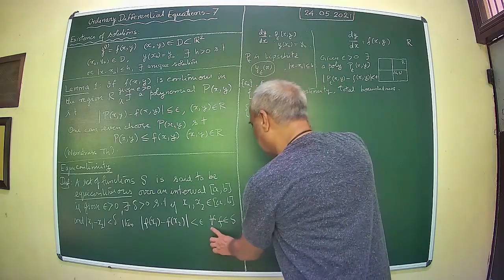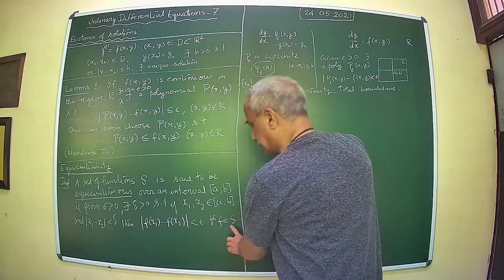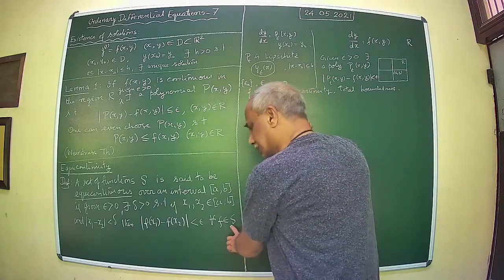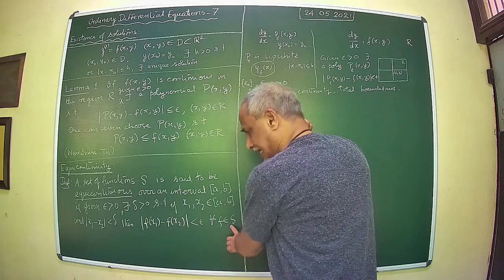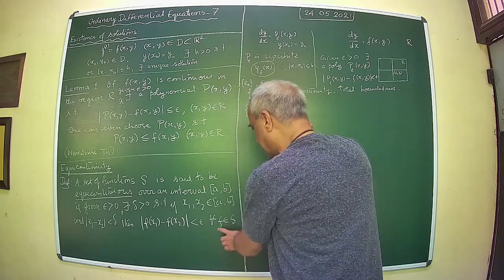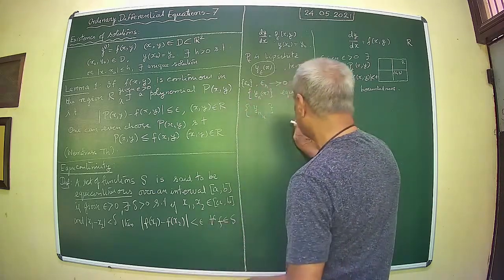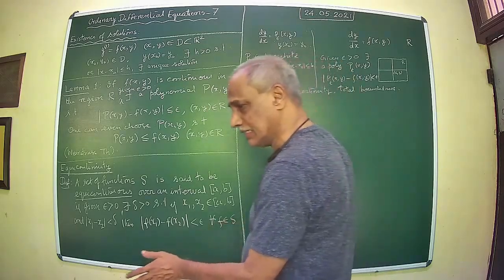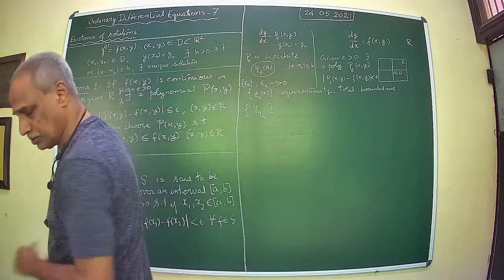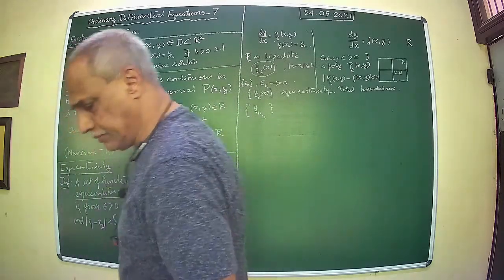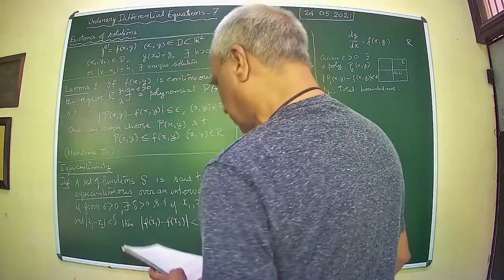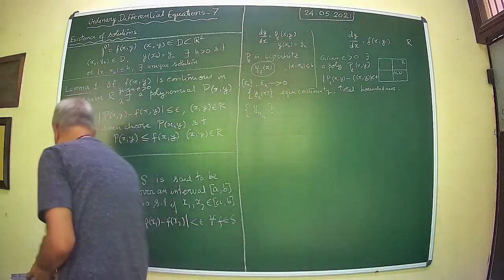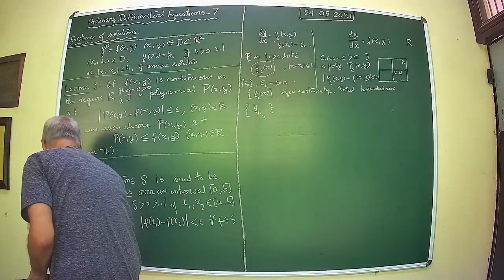That is why you have for every f belonging to S. Now, let us look at what exactly is the possible consequence of this. I will explain it soon. So this is the concept. Now let us go to the second lemma which we are going to use.